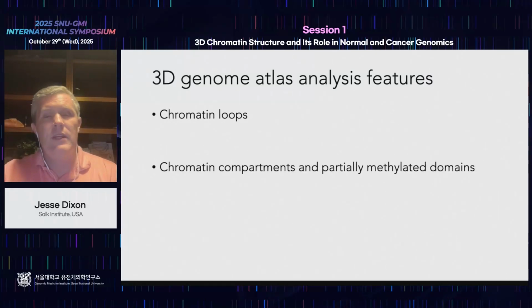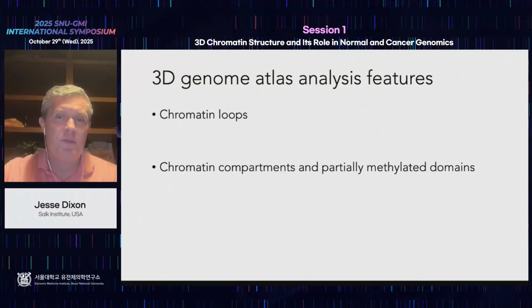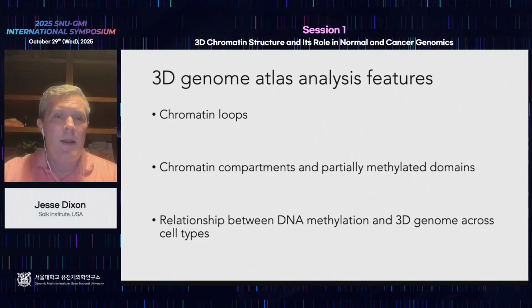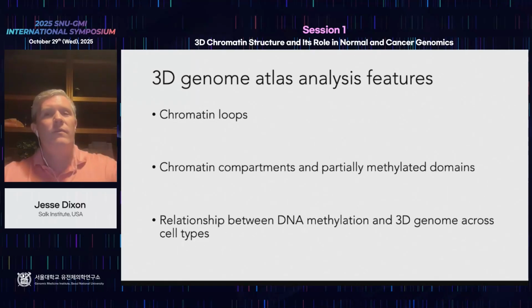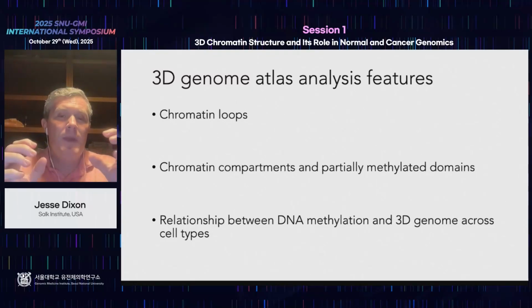A second is looking at a genome organization feature called chromatin compartments and how we think this is related to features called partially methylated domains in the genome. And lastly, the very interesting case is we can find instances where the DNA methylation patterns and the 3D genome structure patterns disagree within potential tissues and lineages. We think they disagree in ways that are telling us something about the biology that is really cool. And I'll highlight this at the end.